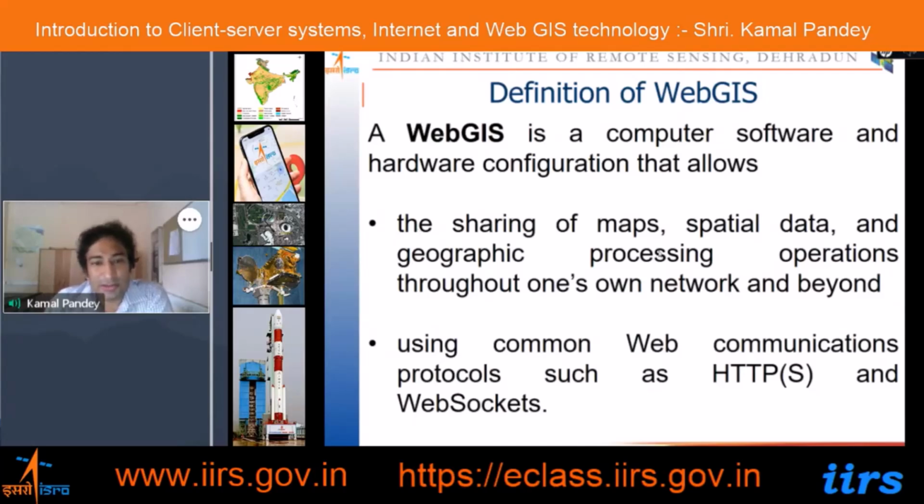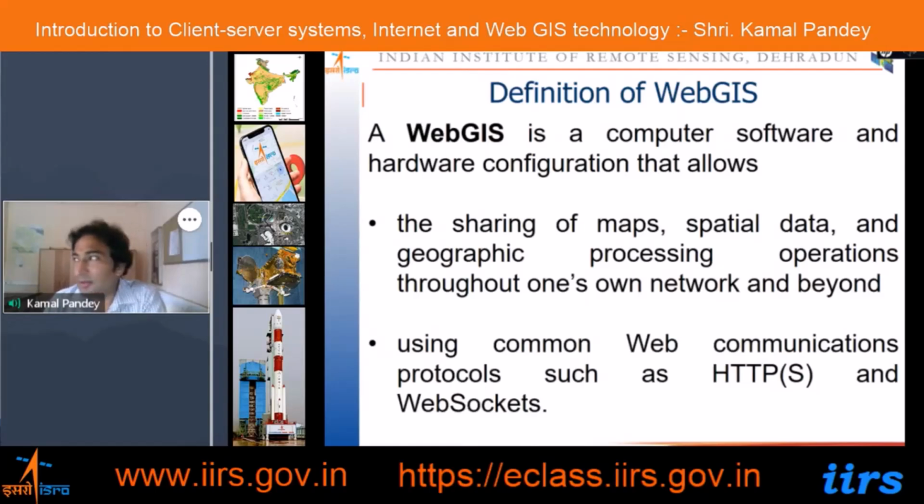It allows sharing of maps, spatial data, and geographical processing operations throughout one's own network and beyond, using common web communication protocols such as HTTPS and WebSockets. WebSockets are the latest protocols used on the internet for very live connectivity.